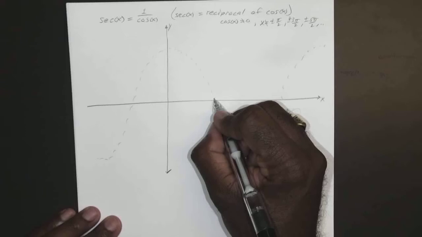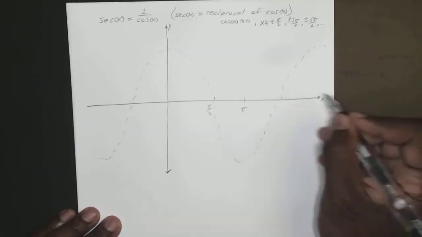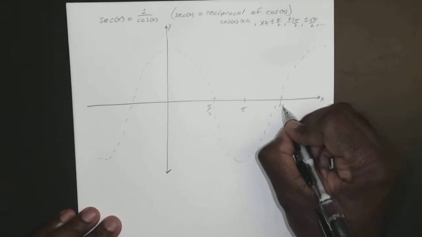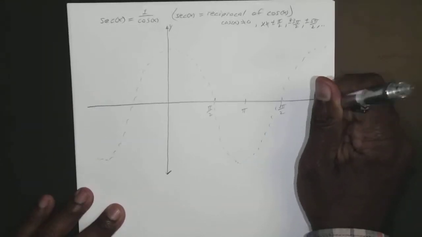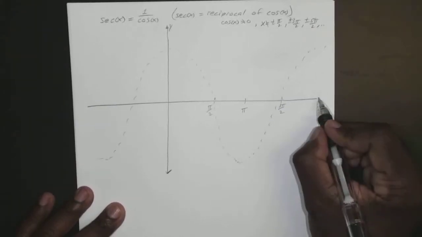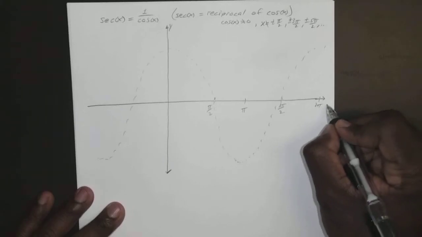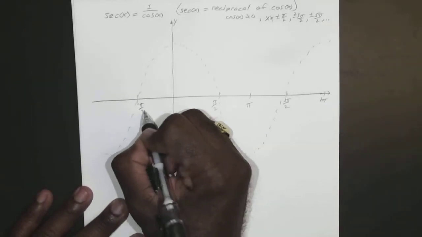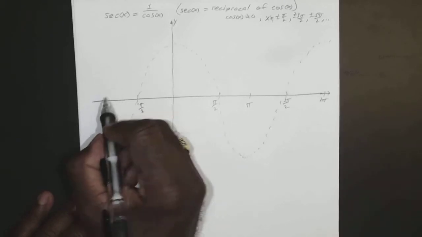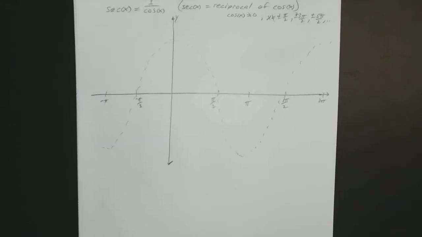Remember, this is our pi over 2, this is our pi, this is our 3 pi over 2, and we'll make this our 2 pi right at the end. And again, it goes to negative pi over 2 to negative pi and just repeats in the other direction.